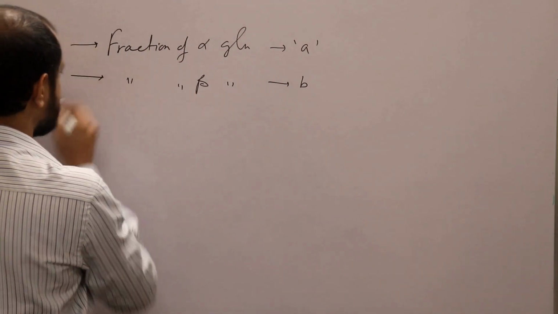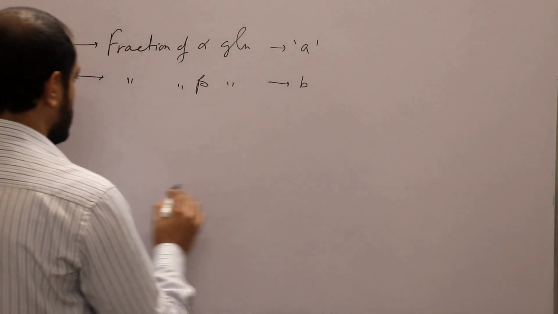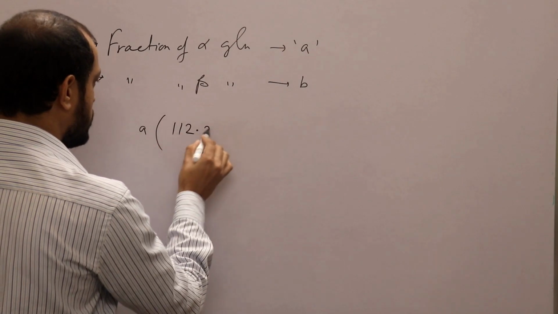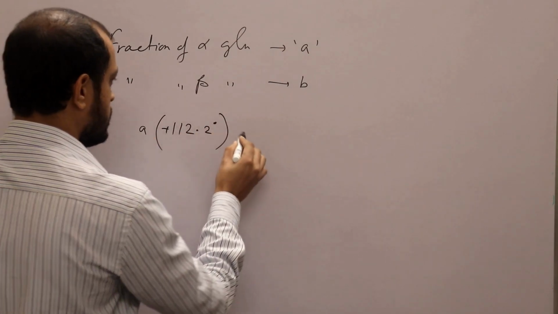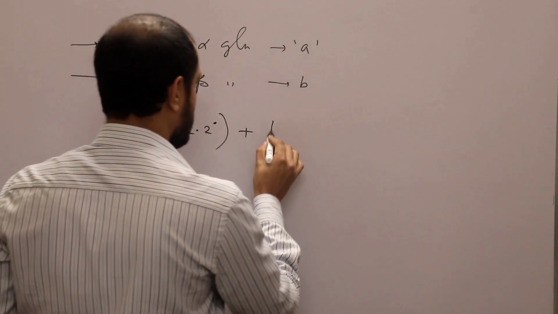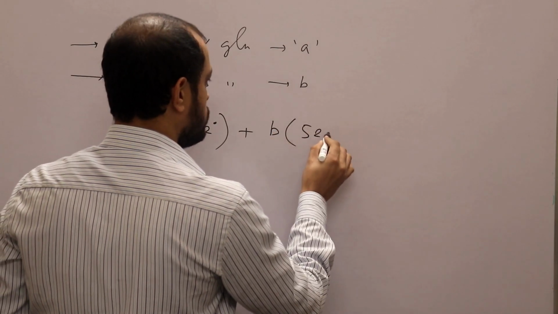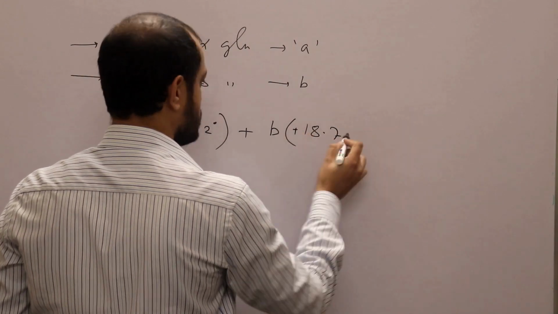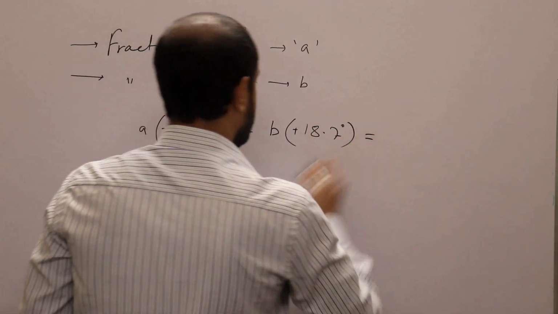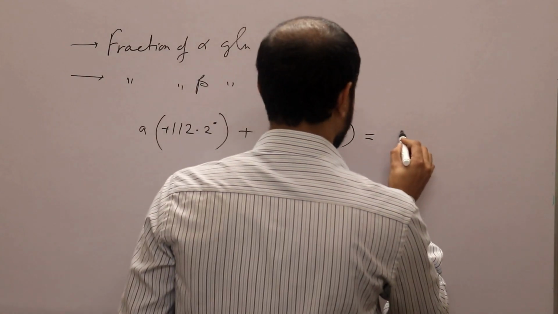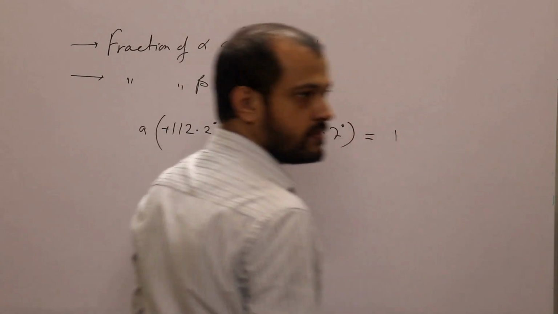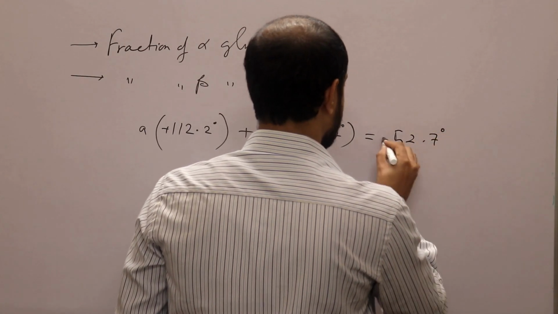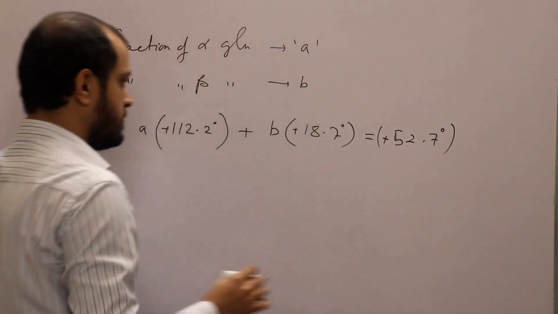A times 112.2 degrees positive plus B times 18.7 degrees positive is equal to 52.7 degrees positive, right?